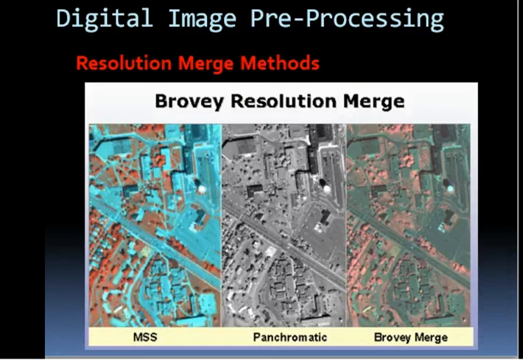Just like with our different filters for our spatial enhancements, the low pass or the high pass filter, and all the different custom filters that you could create, there are also different ways that you can do these resolution merges. The example I gave you before was just taking a straight average, right? So you would have a larger pixel size multispectral image, and you would just take its corresponding panchromatic band value, and you would multiply that back and take an average.